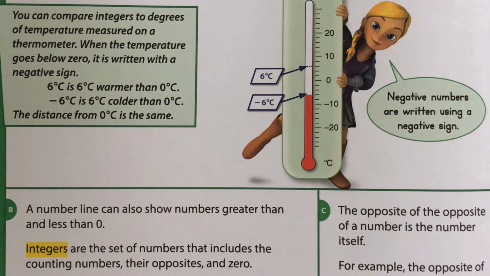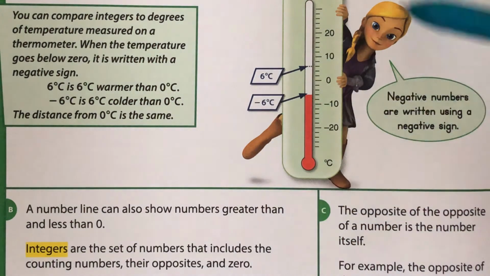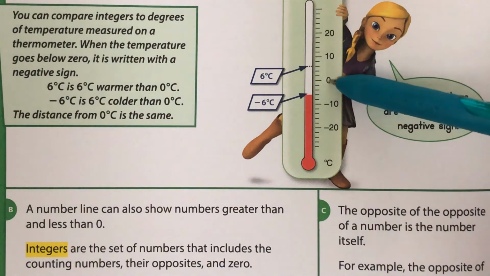You also need to know what an opposite is. So in math, an opposite is basically two numbers that are on opposite sides of a number line, but they're both the same distance away from zero. So look at this thermometer right here. You see 0 is right here.